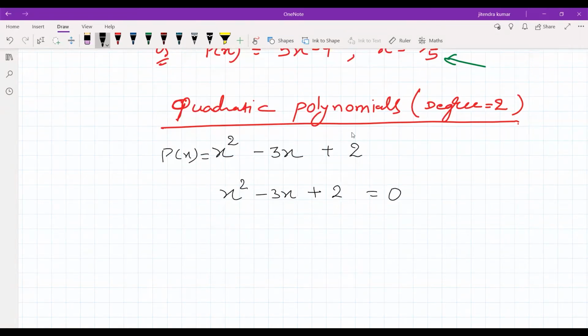Now it is a quadratic equation, and I think all of you know how to solve a quadratic equation using middle term splitting, right? So please apply this middle term splitting here and try to find the answer.